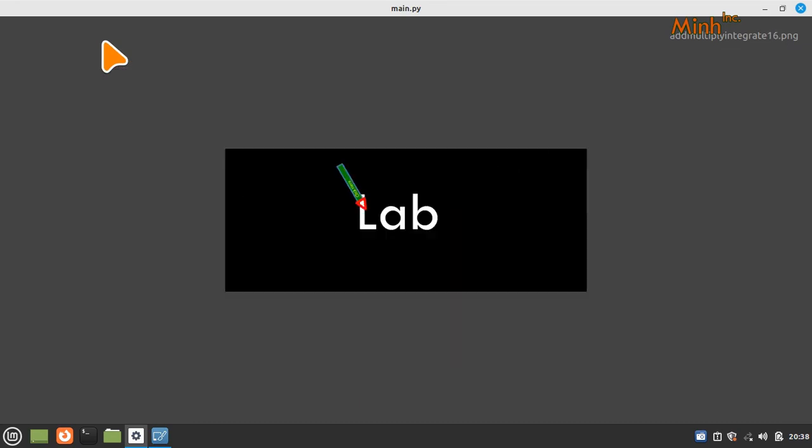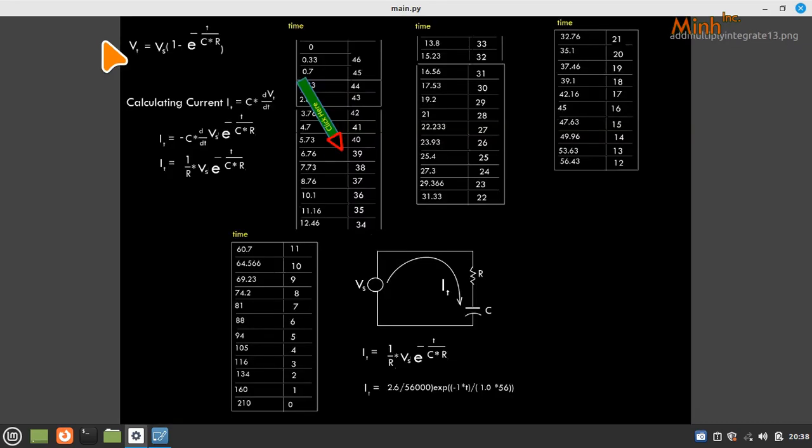So in this circuit we went ahead and calculated the current. In the reading, initially it is fluctuating, and then 46, 45, and these are the microamperes that are appearing, and these are the time instances at which these microamperes appear.